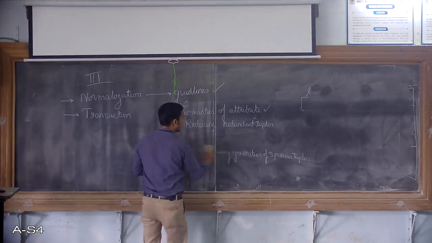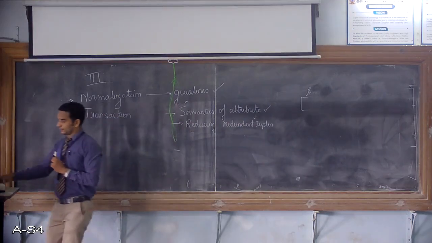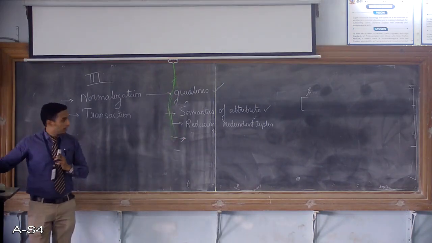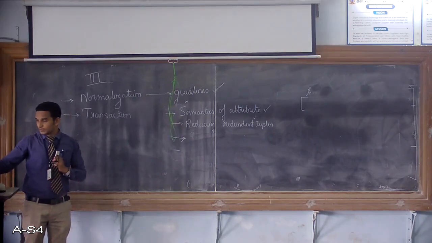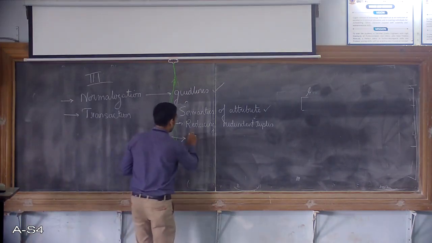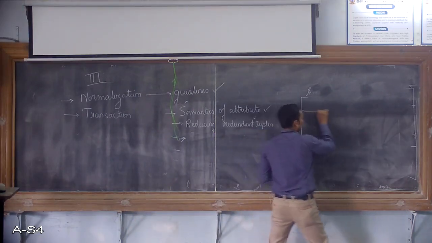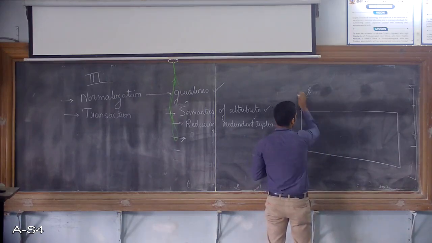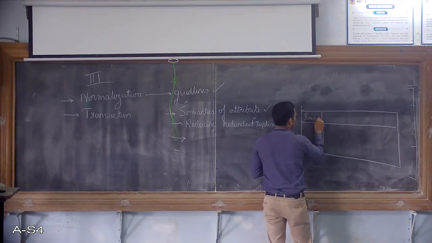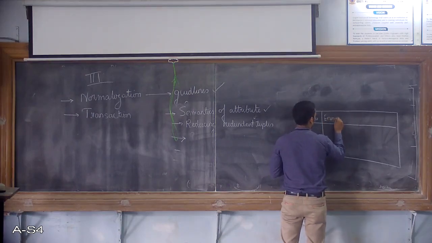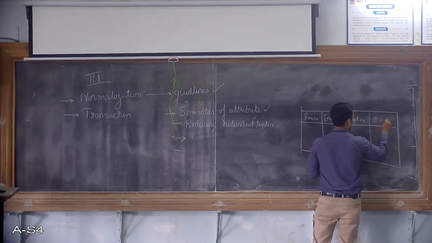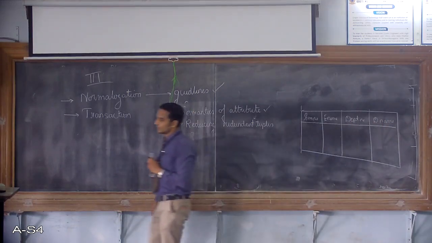Now next is reducing redundant tuples. So what happens is, assume that you have employee name, and assume that you have joined two tables, employee and department.